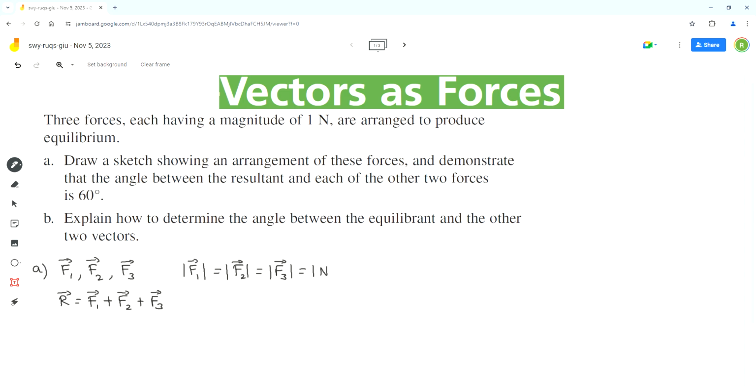Now as per the problem, these forces are arranged to produce equilibrium. If forces are in equilibrium, that means the sum should be equal to 0. That means the resultant of these three forces should be equal to 0.